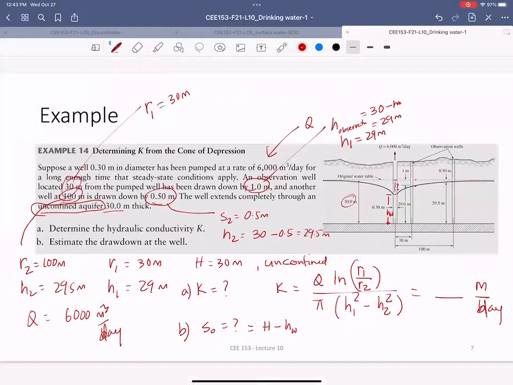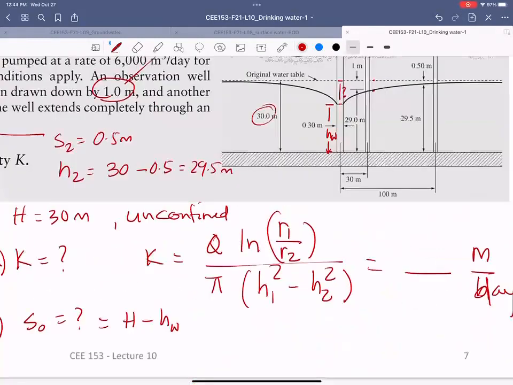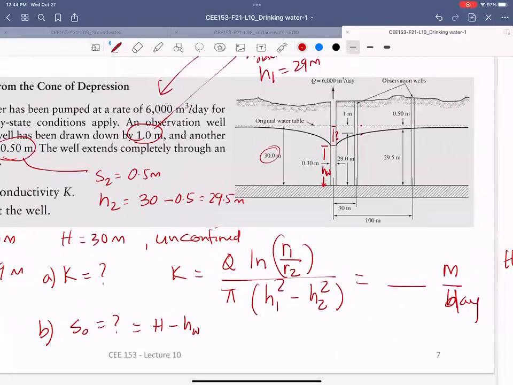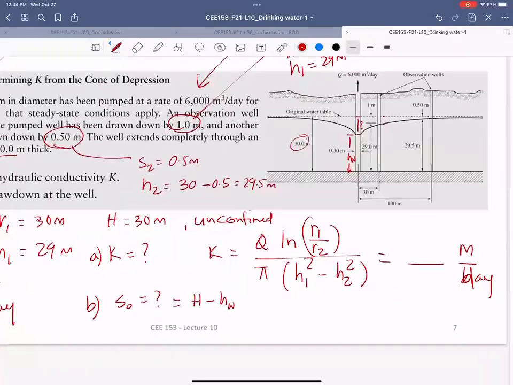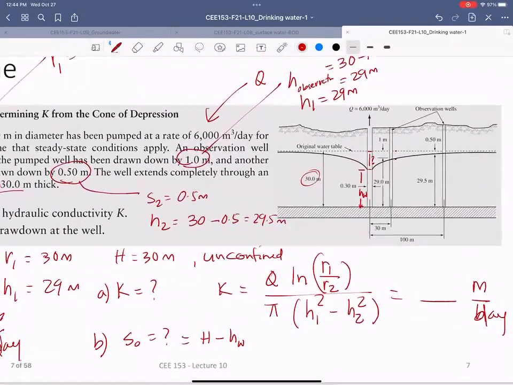Well, you can calculate head using the same equation that you just used. All you have to do is assume what is the radius for that well. So for that well, the radius of the well is how much? It says somewhere 0.3 meter, right? So that's the diameter.